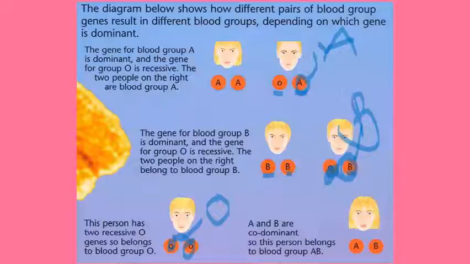2 small dogs fight over a bone, one of them is going to win. And then A and B are co-dominant. So this person belongs to the AB blood group because both A is dominant and B is dominant. So both of them are the winners. Cool.